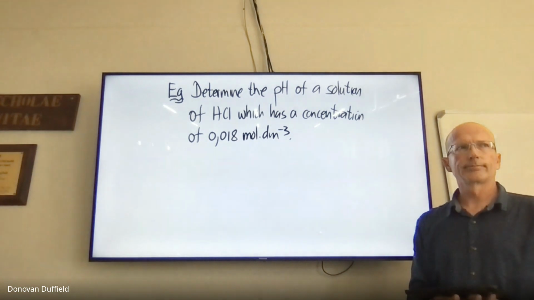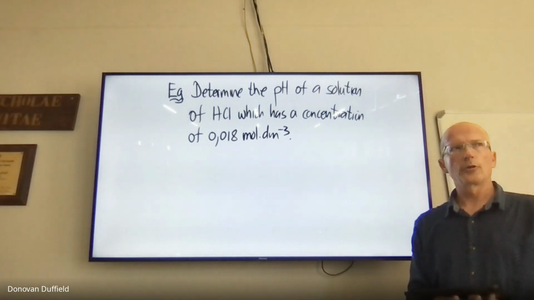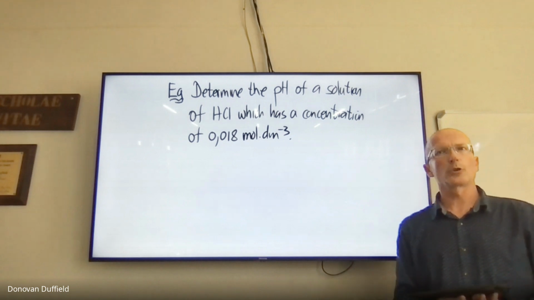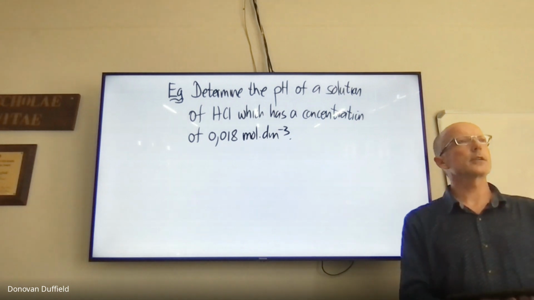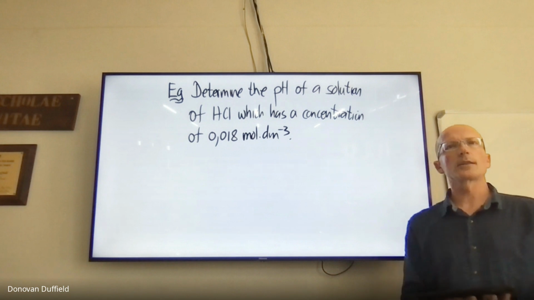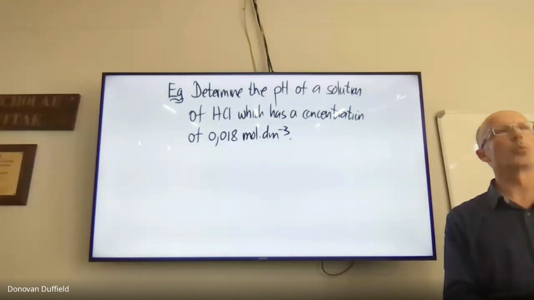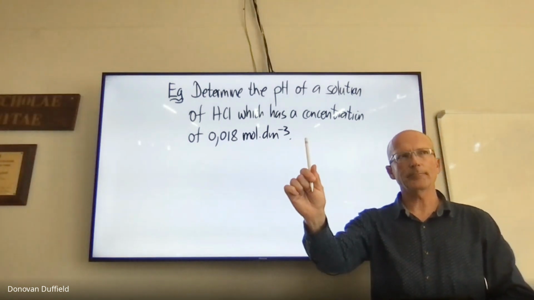All right. Now, do you remember those ionization equations I spoke about at the beginning of the workshops? Can I please ask you to write out the ionization equation of HCl reacting with water? This is key.